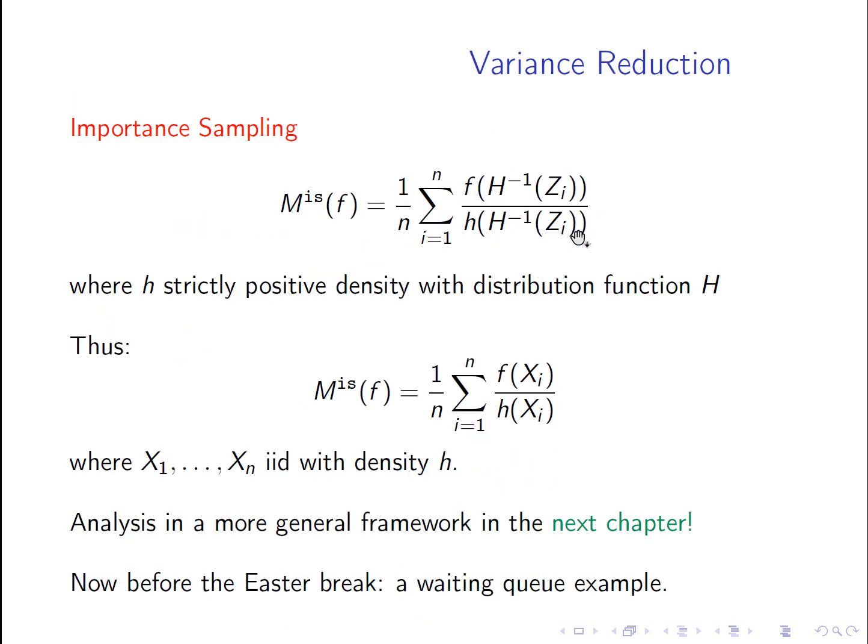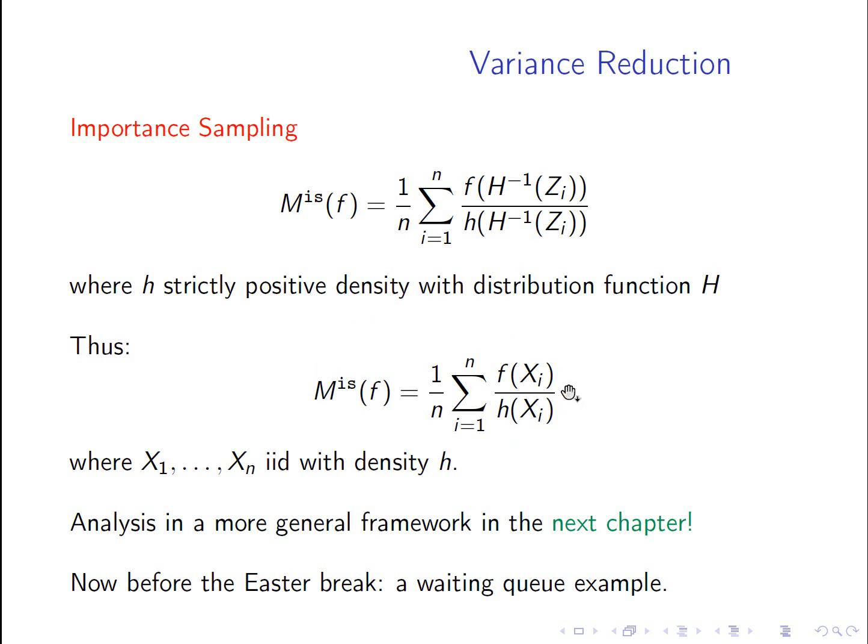So, why is this a good method? Let's rephrase it a bit first. As a reminder, h is a strictly positive density function with distribution function capital H. And then, if capital H is a distribution function, the inverse of H applied to zi is in fact the ITM method for sampling from a random variable with density small h.